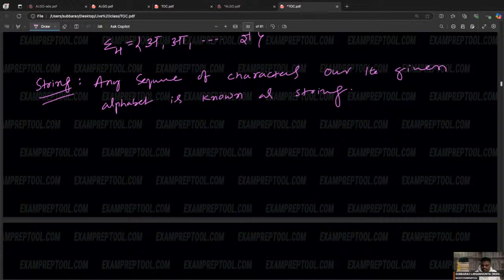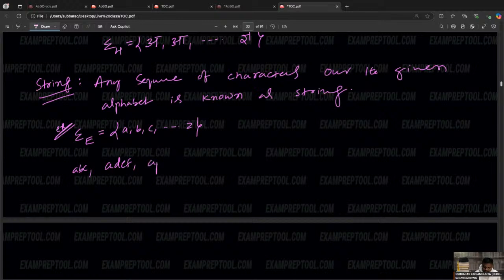Let me try a few things. For the alphabet example, Sigma E is the English language alphabet: A, B, C, and so on up to Z. Now, strings over this sigma: ABC is one string, ADEF is one string, apple is one string, Google is one string, and so on.